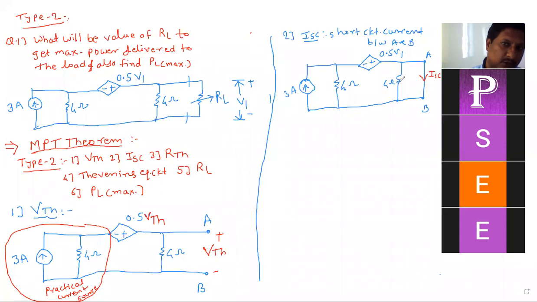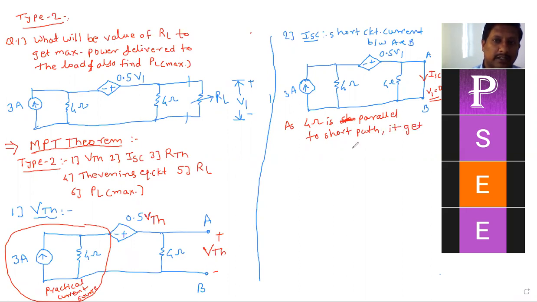The 4 ohm is exactly parallel to the short circuit, so this 4 ohm will be open. Then if this is shorted, what will the V1 voltage be here? 0 volt. Then if this is 0, this will also be 0. Okay, as 4 ohm is shorted, 4 ohm is parallel to the short path, it gets open.